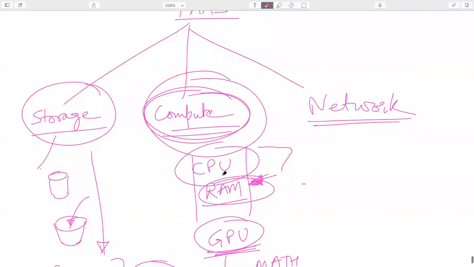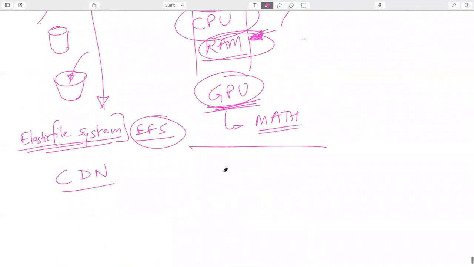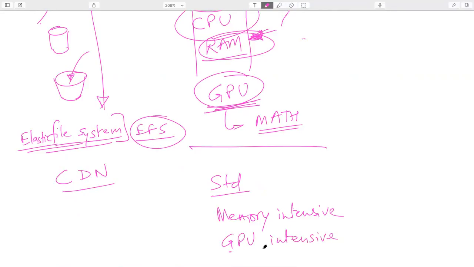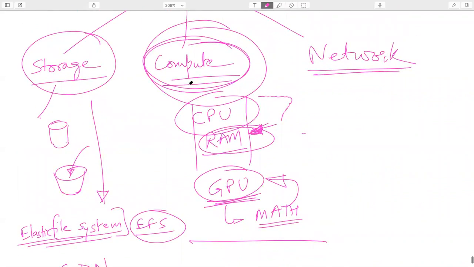You can receive a bigger memory machine if you ask for it. There are machine types, the standard type. Some are memory intensive machines, and some others are GPU intensive machines. They give you a lot more graphical processing power for your mathematical computations that require that kind of GPU. You will receive those types of compute instances if you ask for them.